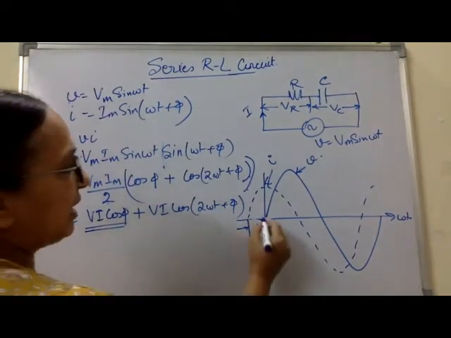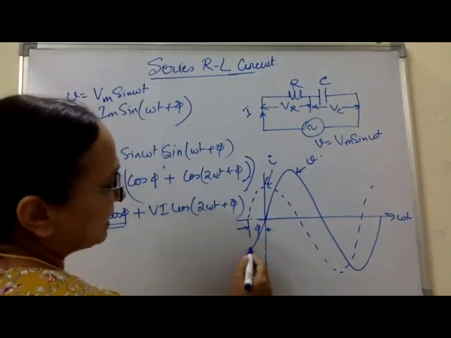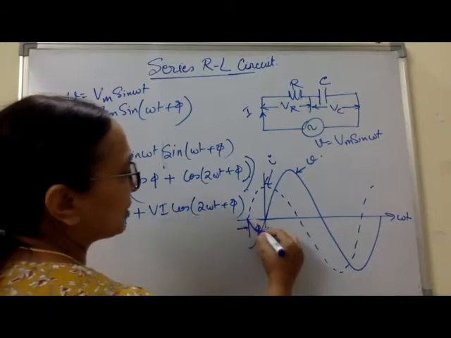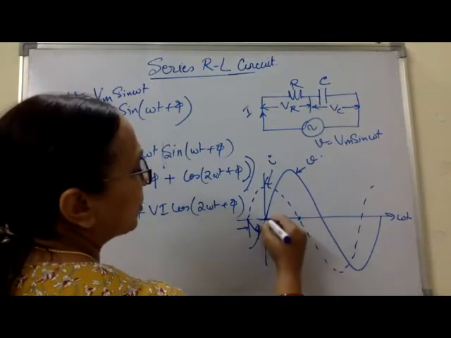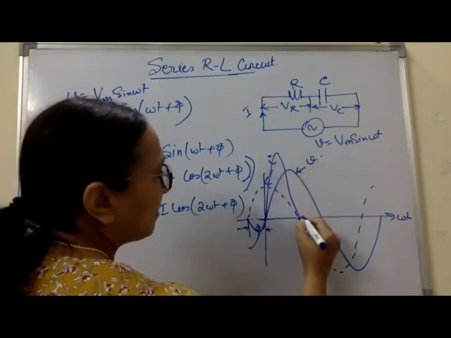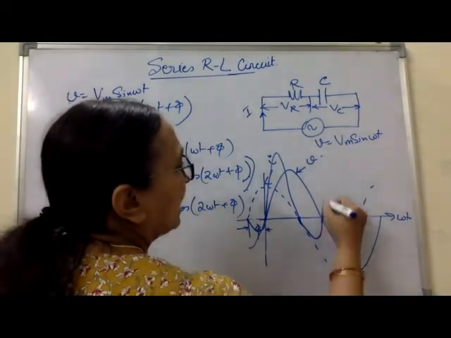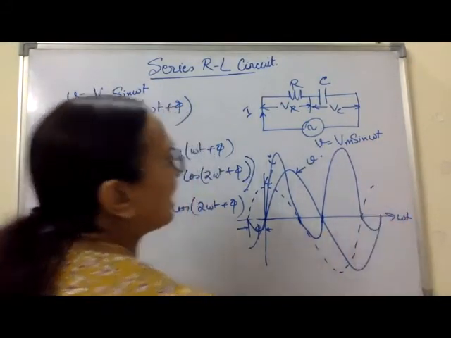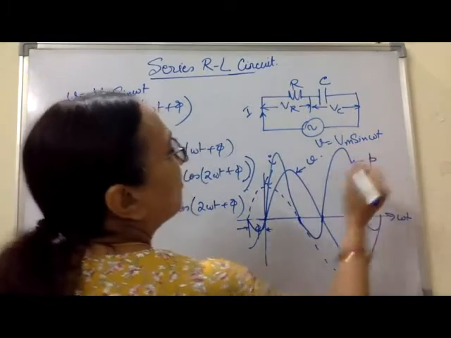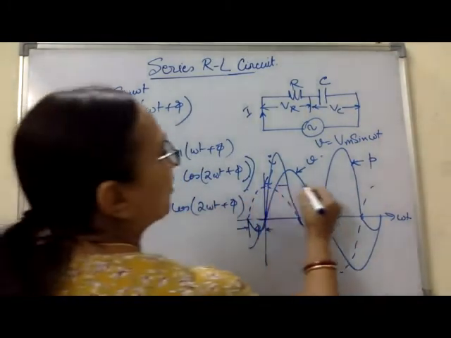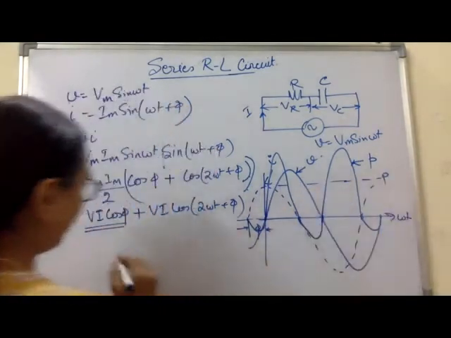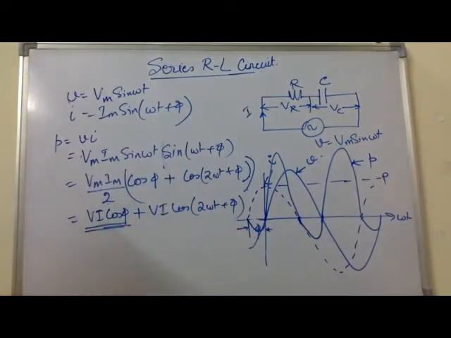Instantaneous power is again V into I. Now voltage is negative and current is positive, so the power will be negative, till the voltage and current both are positive. Then the power will be positive, again negative, then positive, again negative. So this is your power waveform, and you can see that some average power is being consumed, which is given by VI cos phi. So this is about the series RC circuit.